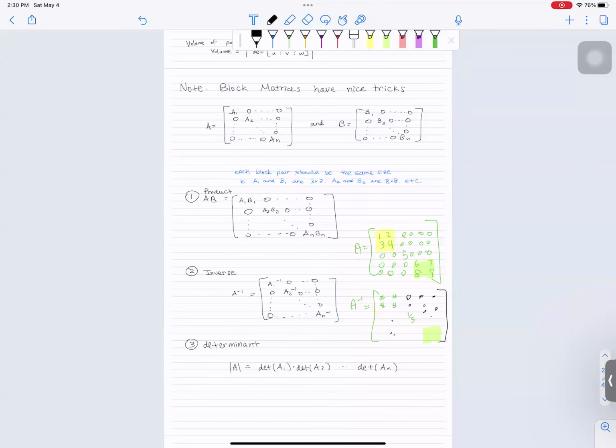Because a percent means that it's d variable over variable. This is dy over y equals 2, and this is dz over z equals 3. So I can plug those in. I have 3 times 1 plus 2 times 2 plus 1 times 3. So that's 10.